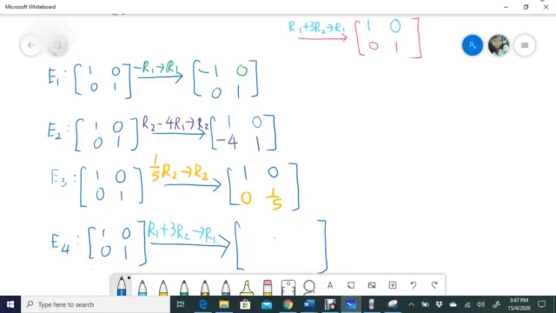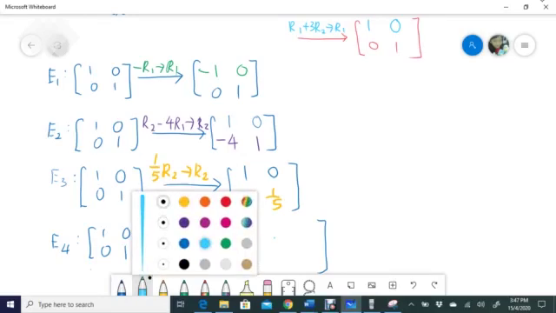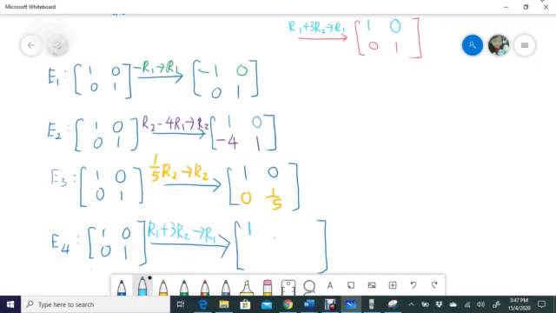So R1, 1 plus 0, so you have 1, right? You still have 1 back. 0 plus 3, so you have 3. The rest, just copy back. Is that okay?